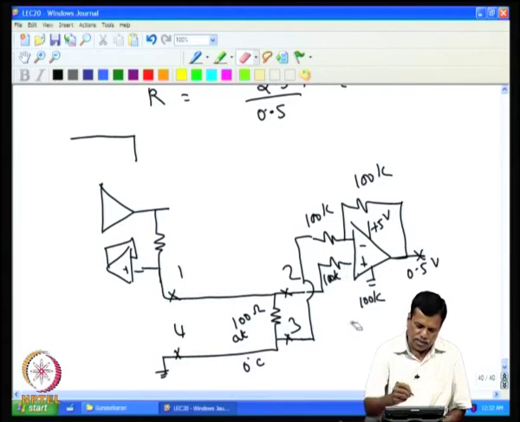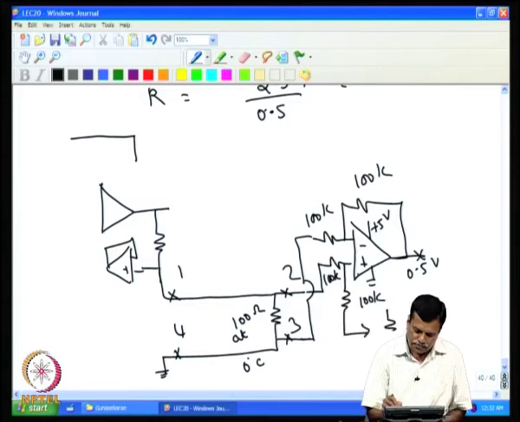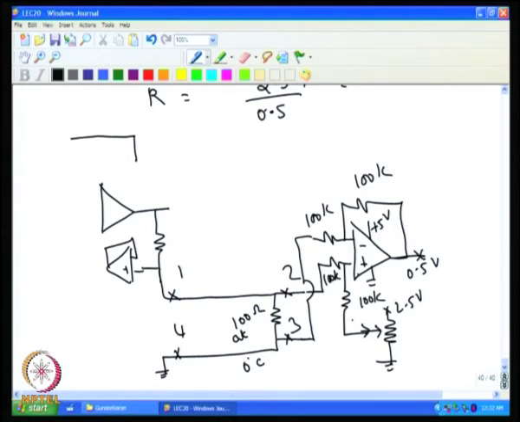This 100K, I can give to a potentiometer which has 2.5 volt here. This can be obtained from the reference voltage which was used in the earlier case. So, this can be a 100K potentiometer. One can keep this at whatever point we want.